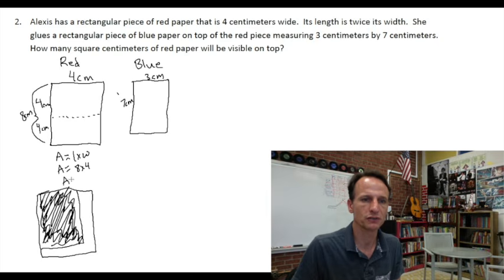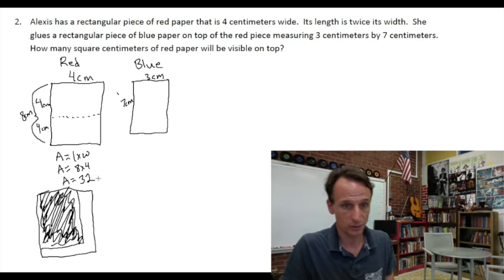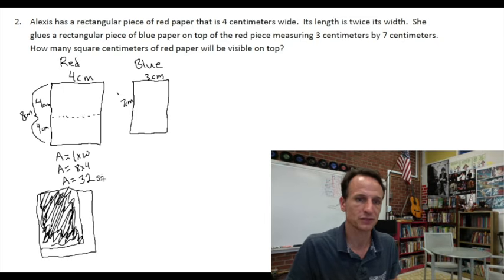So area of red is what? Yes, 32, and we are now talking about area, so we are talking about square centimeters. Now you see where this is going, huh?